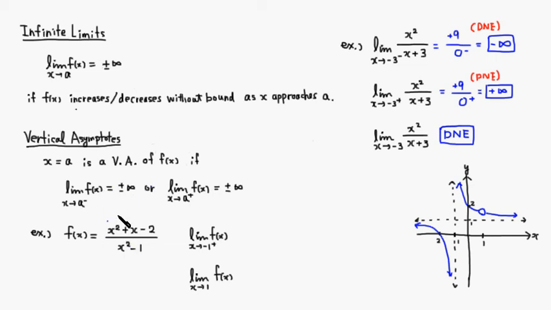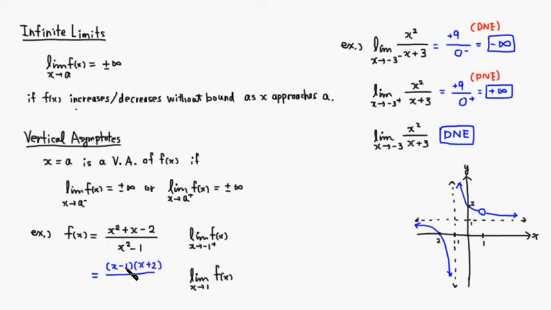You have this rational function here. We're going to factor the numerator and the denominator. On top it's going to be x minus 1 times the quantity x plus 2, I believe.